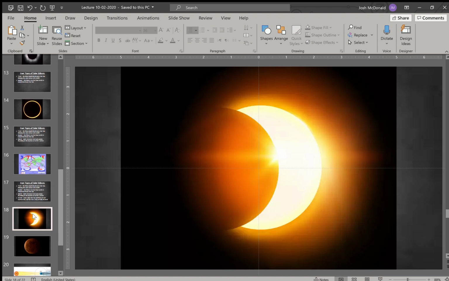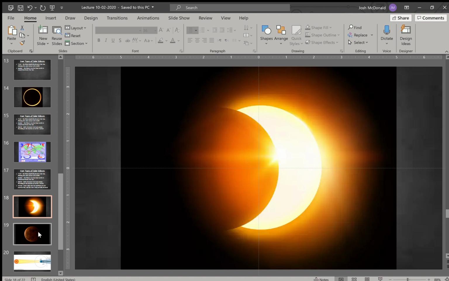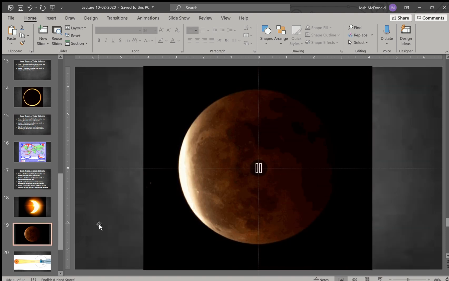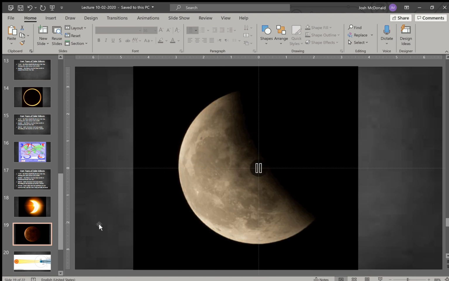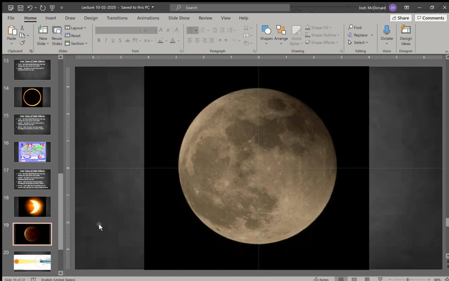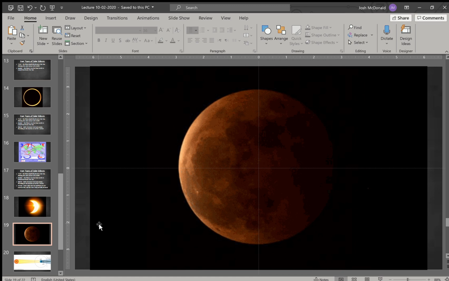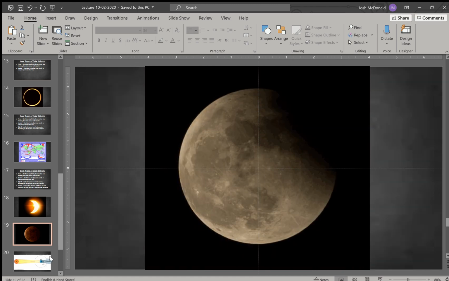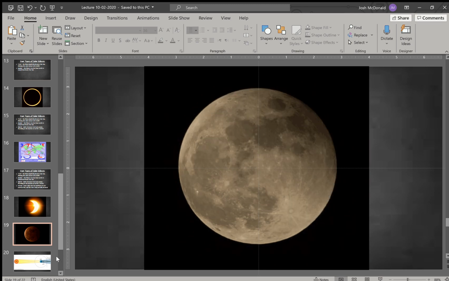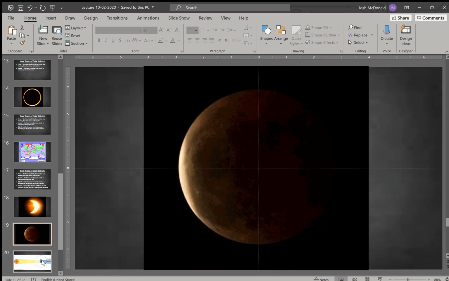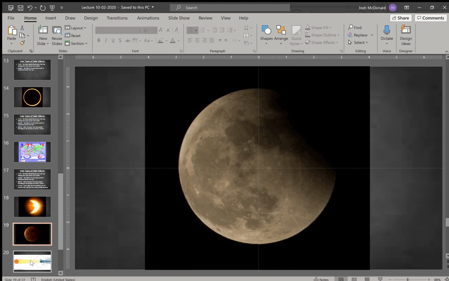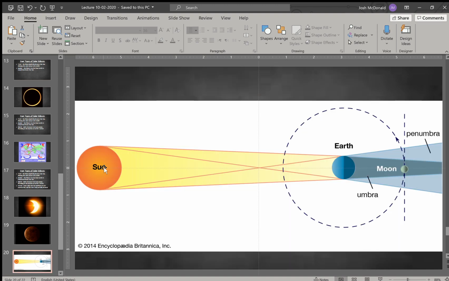So the next type of eclipse is a lunar eclipse. Here is a GIF that shows you in about 8 seconds what a total lunar eclipse looks like. So during a lunar eclipse, what's happening is the Earth is actually casting the shadow onto the moon, as opposed to the moon casting the shadow onto the Earth during the solar eclipse. So here's what's happening.